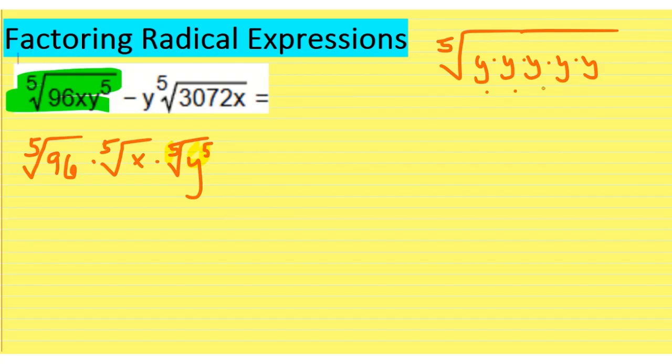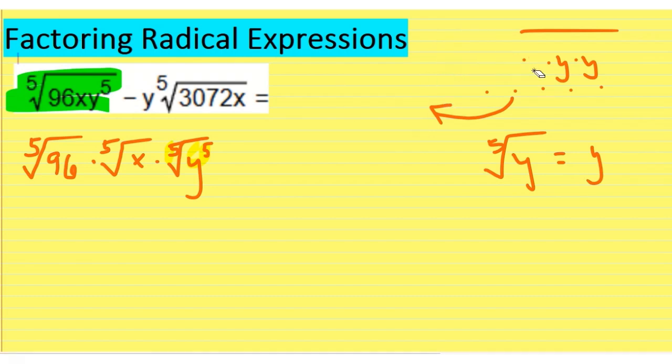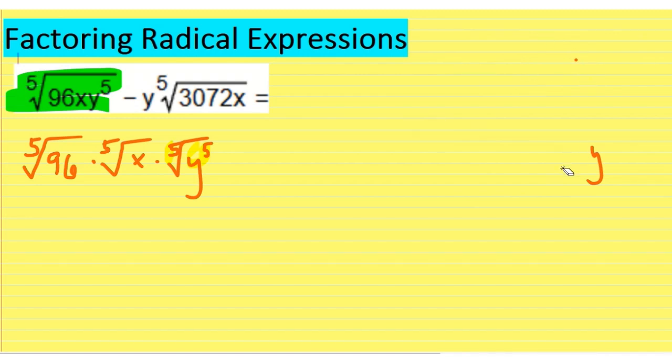And so there are 1, 2, 3, 4, 5 factors of y. And so therefore one y comes out to represent all 5 of the factors of y. So the fifth root of y to the fifth is equal to y.